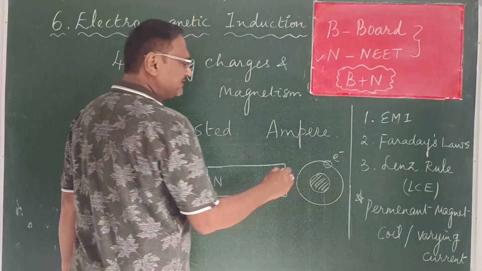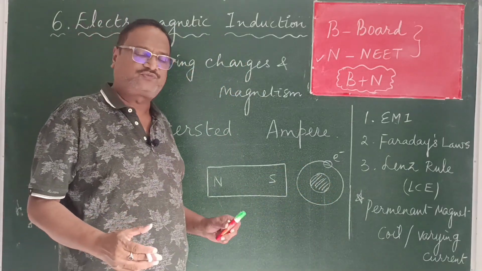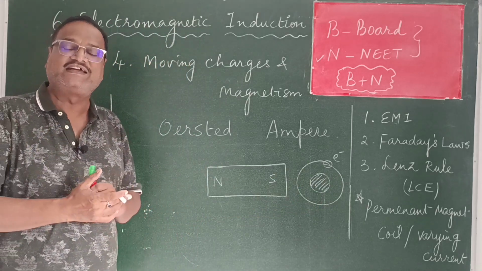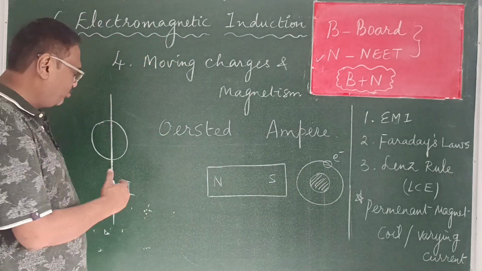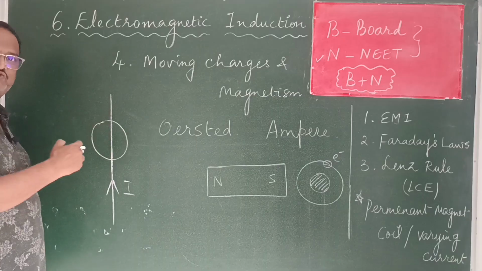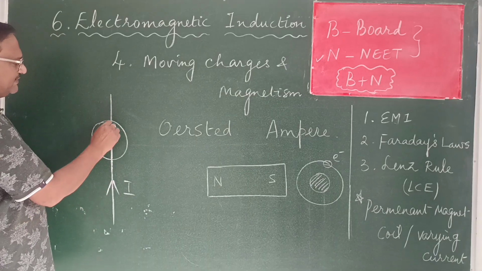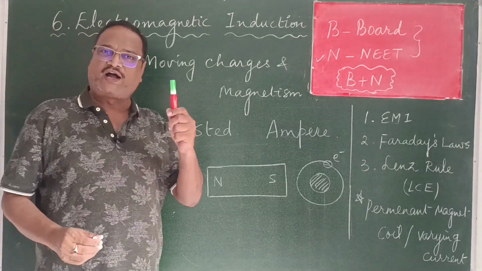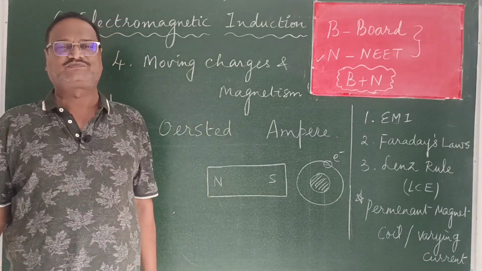So this connection of atomic magnetism led to the idea that moving charges, which is current, produce magnetism around that particular wire or conductor.